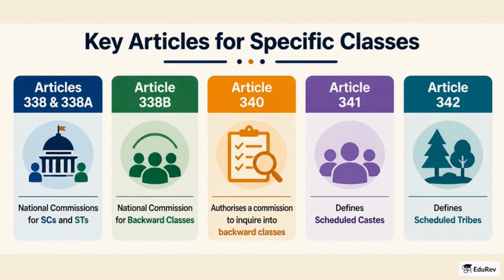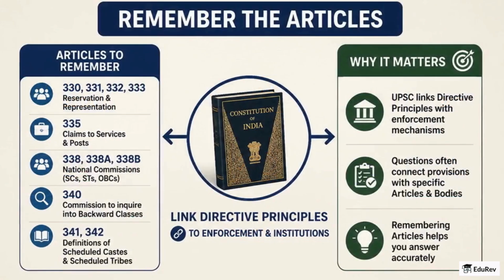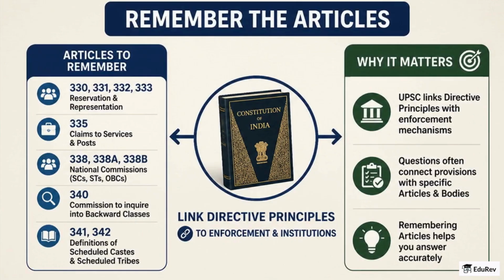Article 338B for backward classes. Article 340 authorizes a commission to inquire into backward classes, and Articles 341 and 342 define scheduled castes and tribes. Keep these article numbers in mind because UPSC often frames questions linking directive principles to specific enforcement mechanisms and institutional bodies.